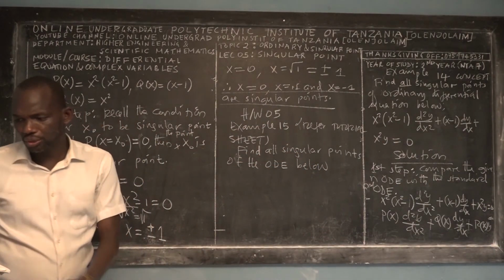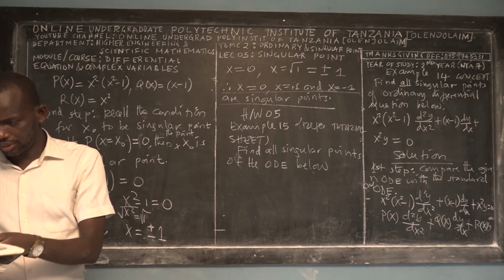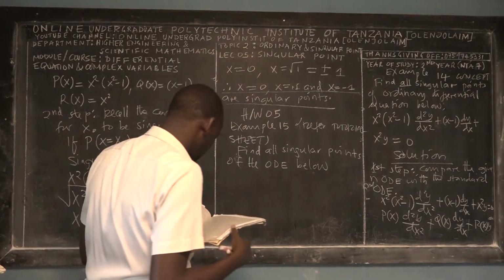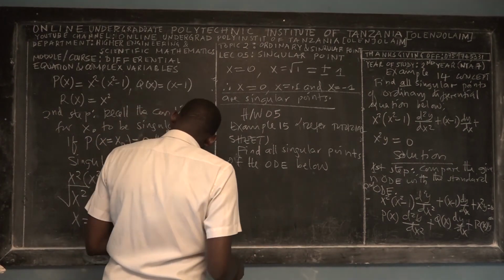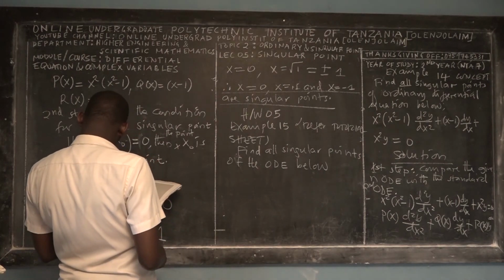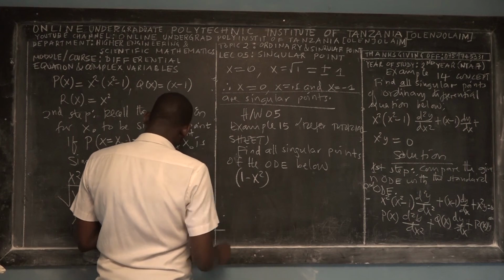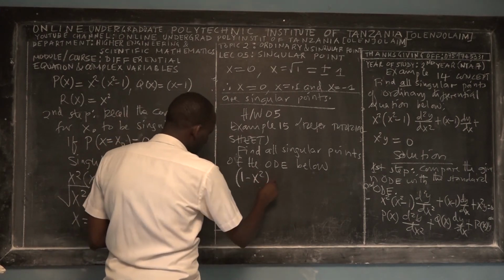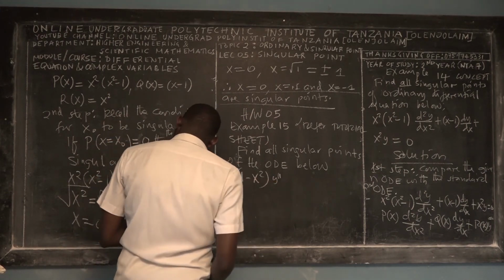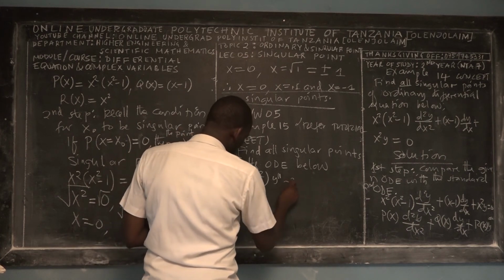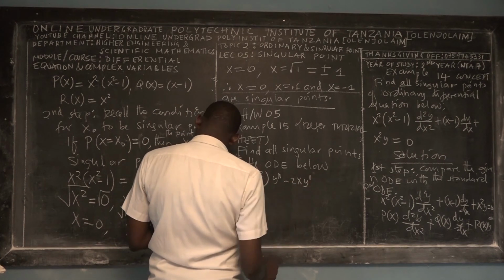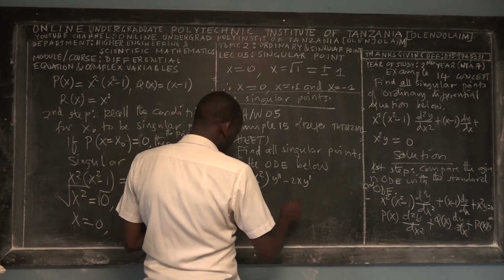The differential equation is: 1 minus x squared, y double dash, minus twice x y single dash, plus 4y.